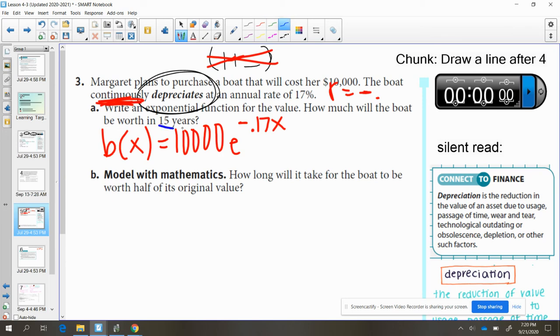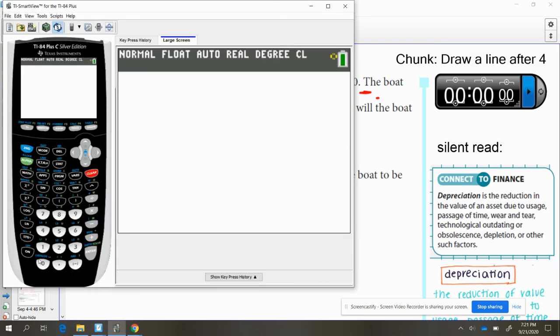And now that we have this lovely formula, we can just plug in our x value to represent our boat depreciating. And on the calculator, just to show you guys here, 10,000 times e. A couple places you could take it.